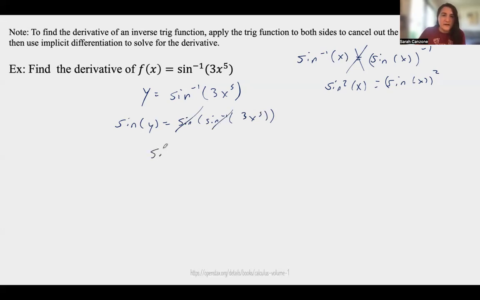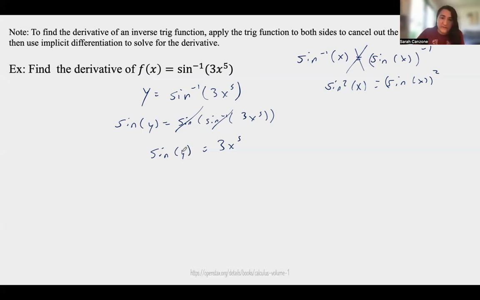So what this tells us is that the sine of y equals 3x to the 5th. So this is how you're going to want to approach any of these types of questions. If you see an inverse trig question, you're going to want to take that trig function of both sides, and then that cancels out the inverse trig function. And we know how to actually differentiate regular trig functions because we did a whole lecture on that.